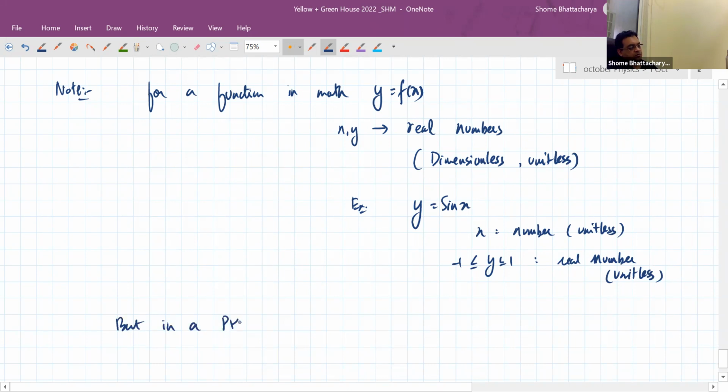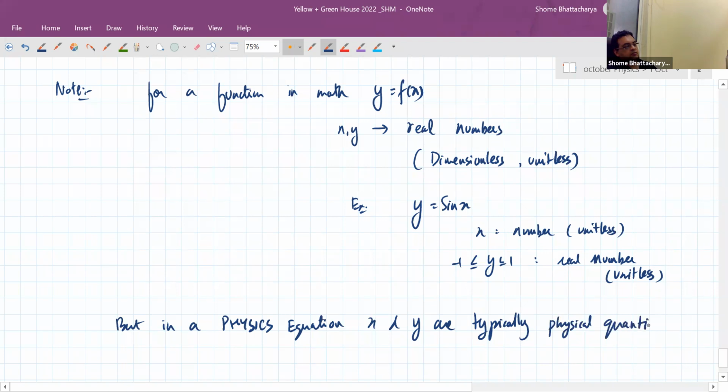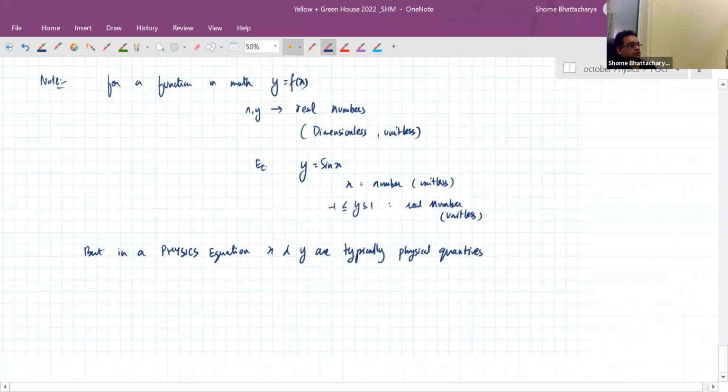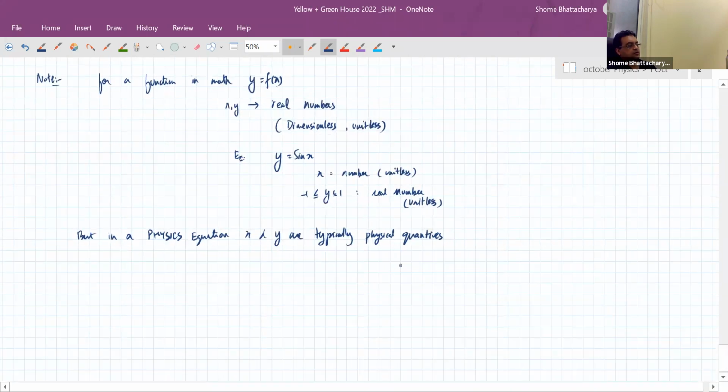But in a physics equation, x and y are typically physical quantities. So they have dimension and unit.